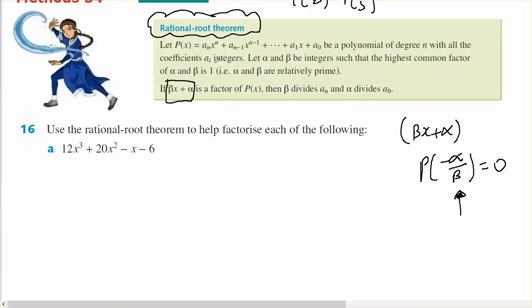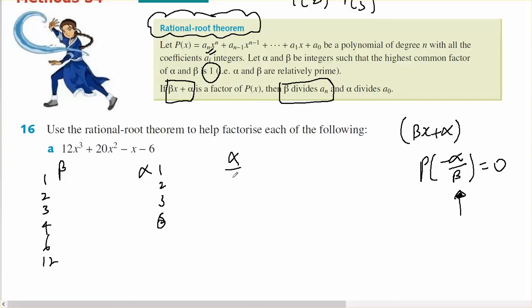Alpha and beta only have a common factor of 1, and beta divides into an, where an is the leading term. So beta divides into 12. So beta can be 1, 2, 3, 4, 6, or 12. They're all the numbers that go into 12. And alpha divides into negative 6.